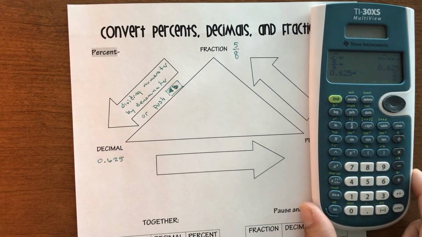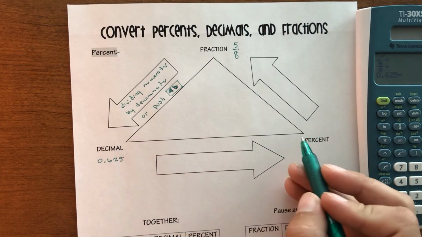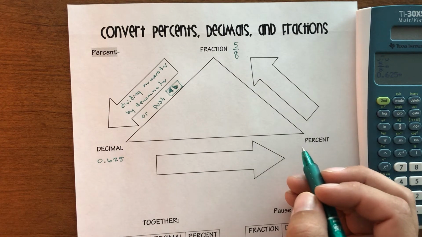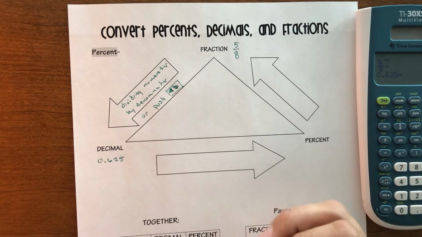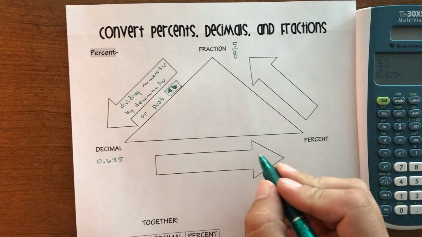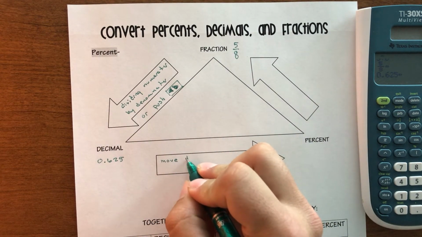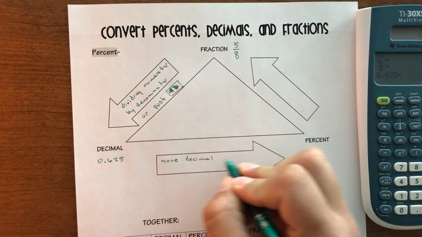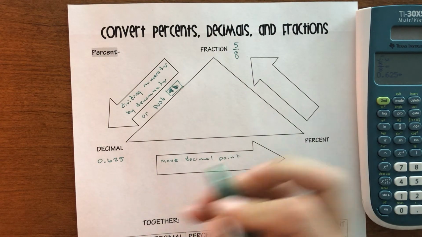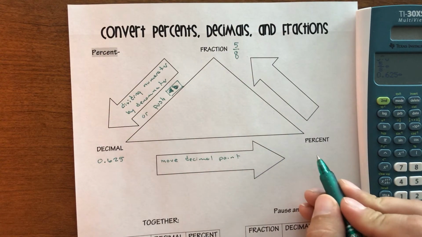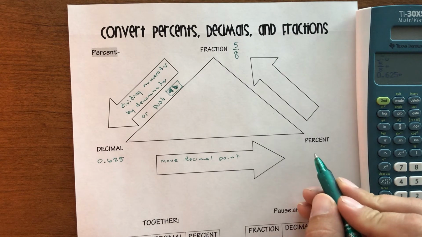All right, so now that we have the decimal, we want to turn it into a percent, which is even easier than what we did before, because to turn a decimal into a percent, all we have to do is move the decimal point. If I'm going from a decimal to a percent, I'm getting a bigger number.